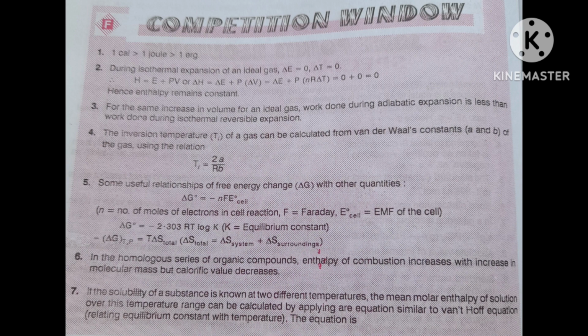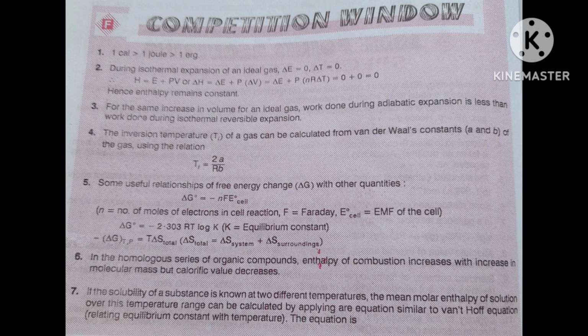When free energy is changing in a system, this can be used, and when entropy change is there, you can also use it. Minus delta G at constant temperature and pressure is equal to T into delta S total.